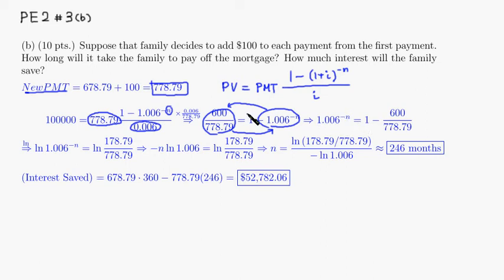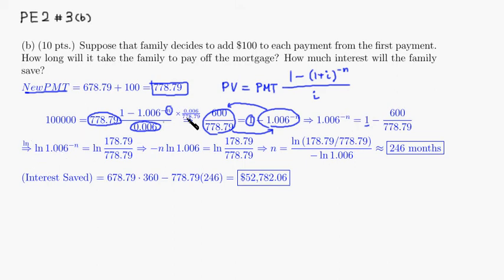The 1 was already there on the right hand side, so you have 1 minus 600 over 778.79.